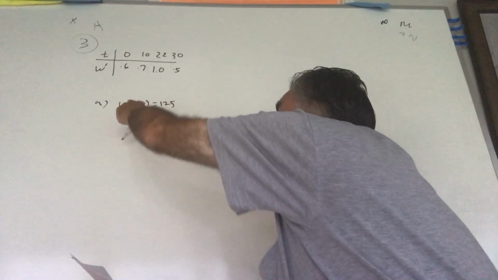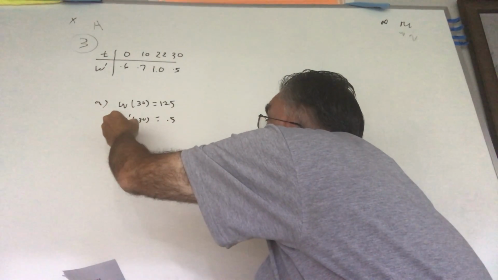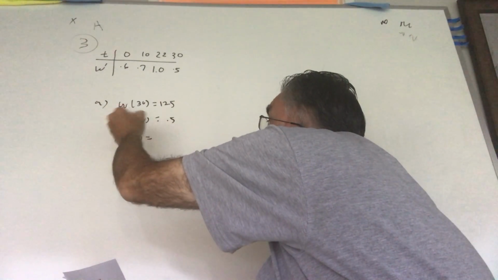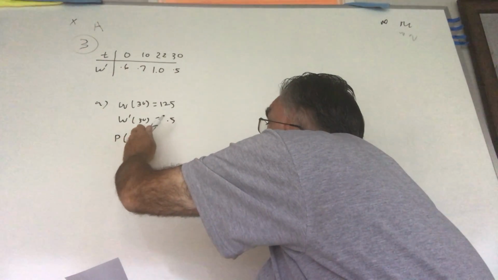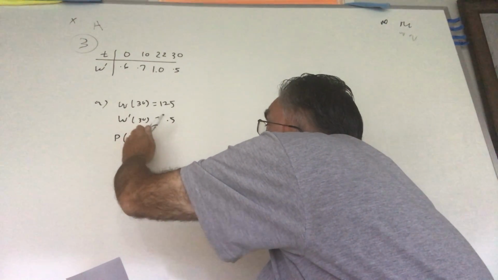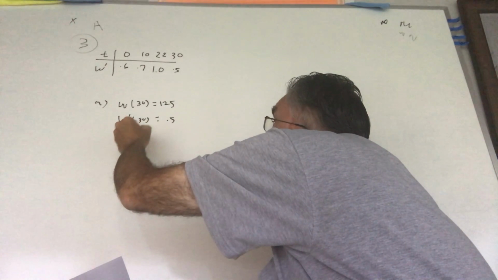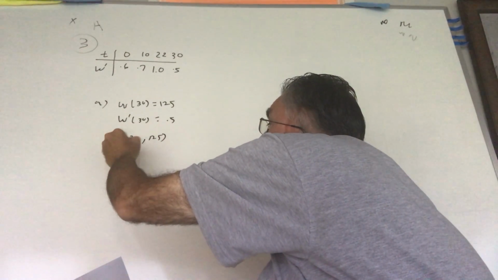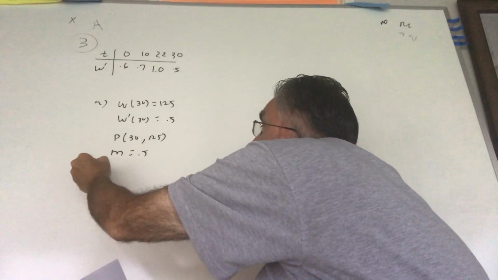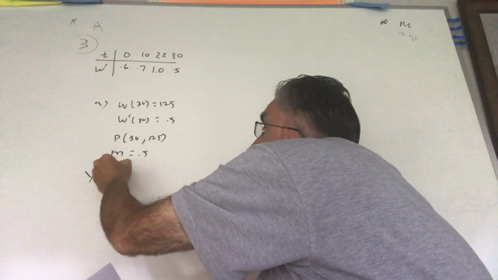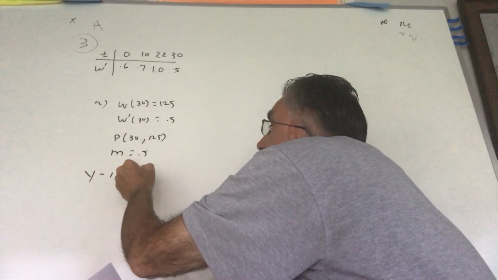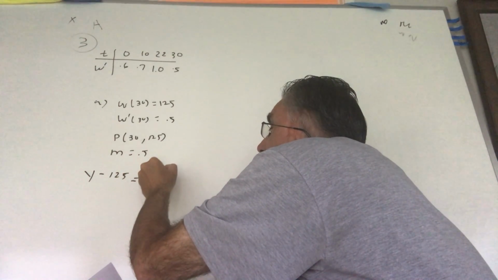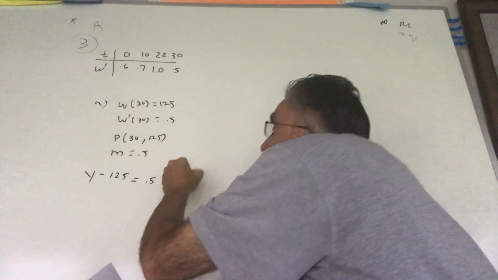And so remember, that means it goes to the point 30, 125, and the slope is 0.5. So y minus 125 equals 0.5 times x minus 30.